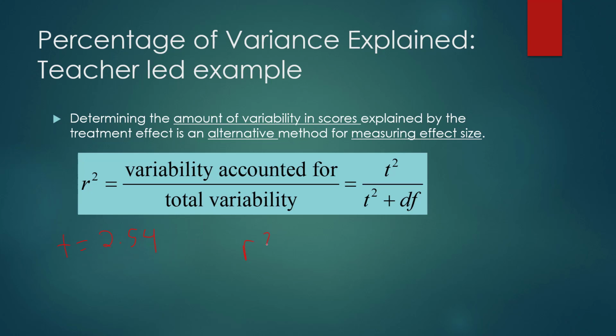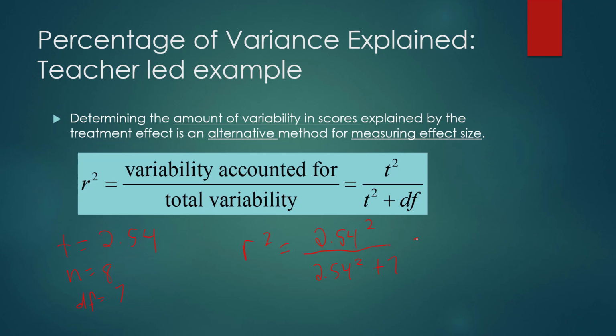So our r squared is going to equal 2.54 squared over 2.54 squared plus our degrees of freedom. And if we remember our degrees of freedom, we had an n of 8, which means our degrees of freedom were 7, or n minus 1. So we're going to do a plus 7 here.